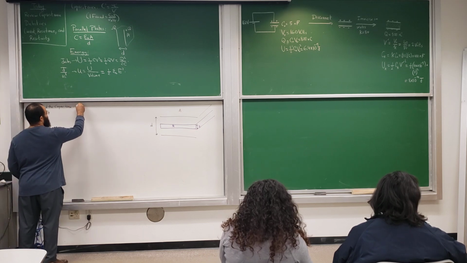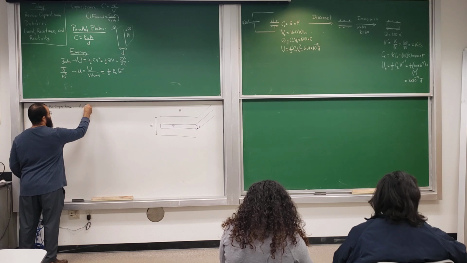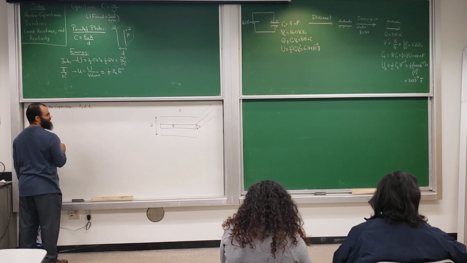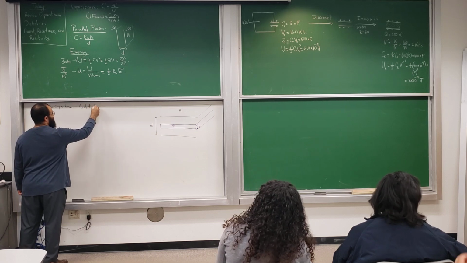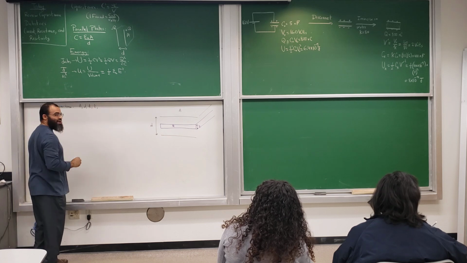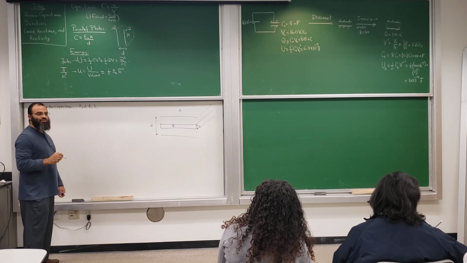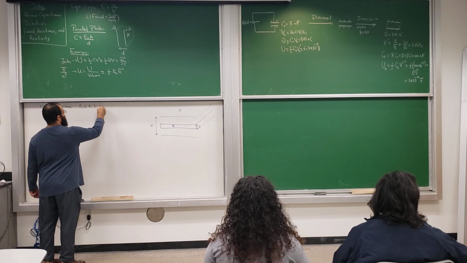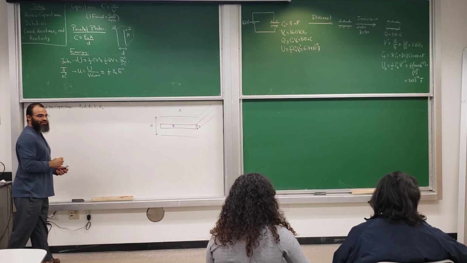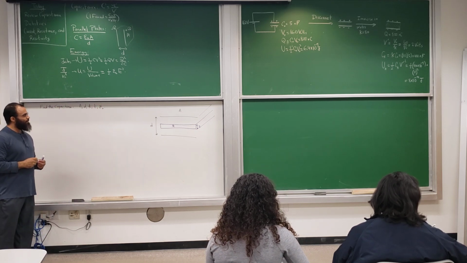Kappa. Okay, so you need A, D, kappa. T, yeah, the thickness of the dielectric will probably matter, right? And what else will probably show up? Epsilon, yeah. So we need our answer in terms of this.